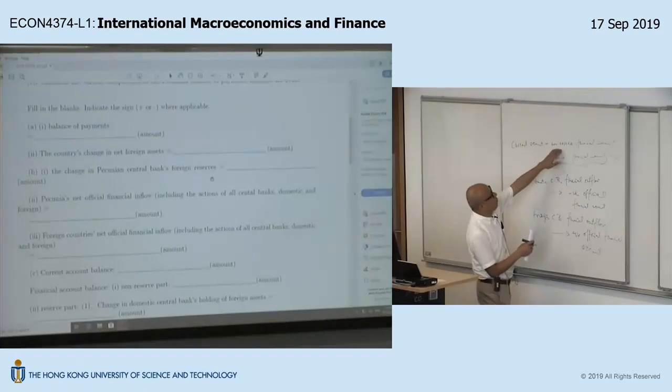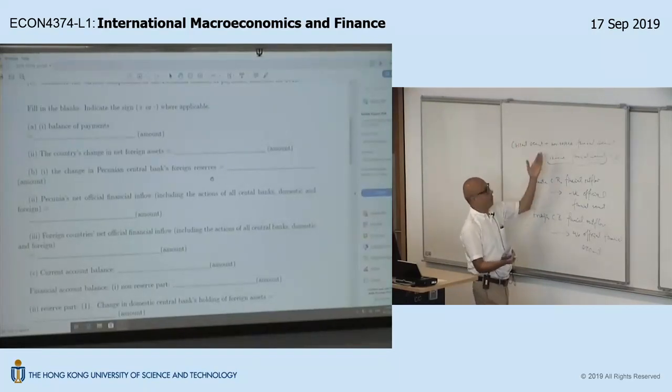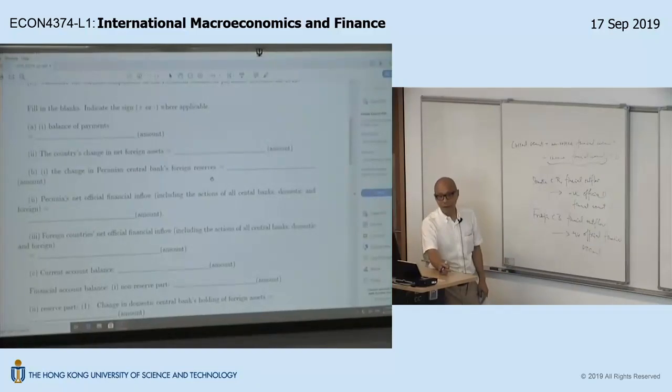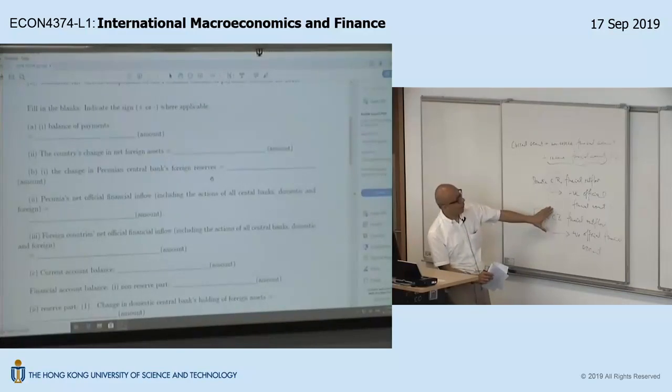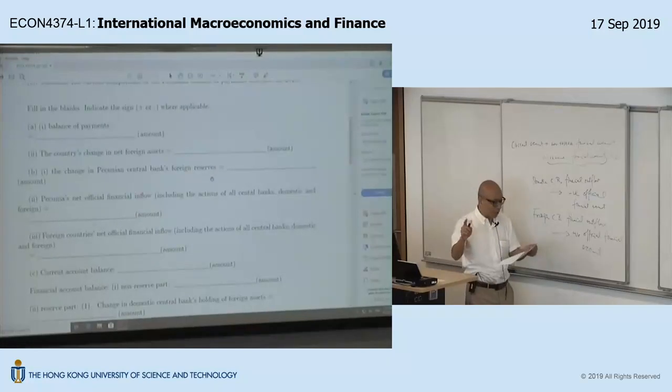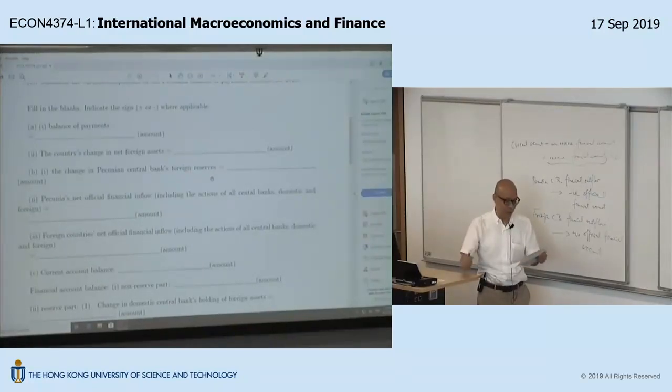So this non-reserve part is very well known. So I hope I have answered your question. Part B says suppose foreign central banks had purchased 1 billion of pecuniary assets in 2010.